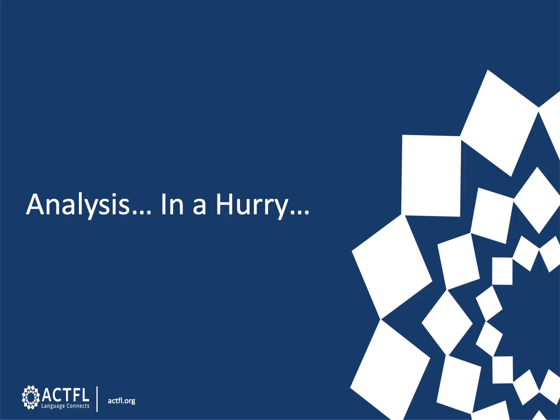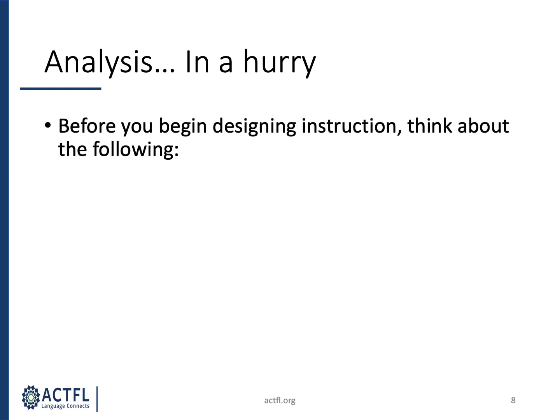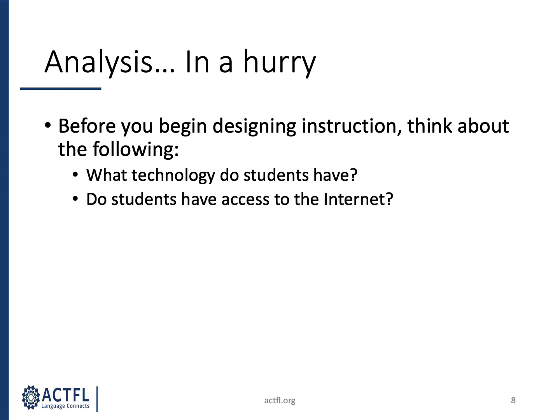Let's start with a front-end analysis conducted in a hurry. I recommend asking yourself these questions before you begin. First, what technology do students have? Remember that technology is not necessarily just digital technology. Think pens, pencils, textbook too. Do students have access to the internet? Please remember that some areas of the country have better internet than others.